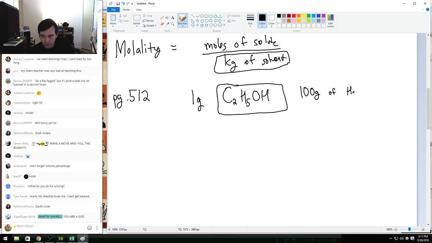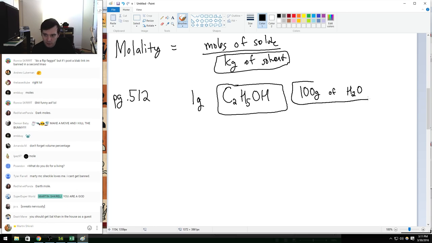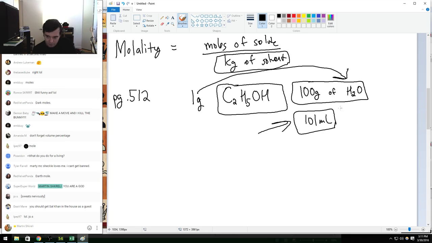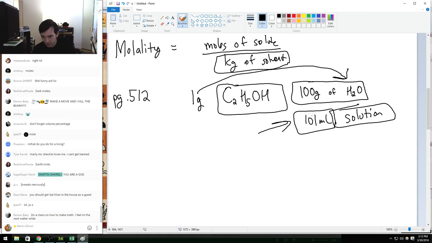This is important because this might trick you. They put 1 gram of ethanol in the 100 grams of water, and they give a final volume of 101 milliliters. So remember the new volume of the solution is 101 milliliters. It is not 100.